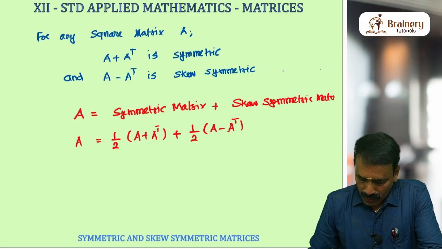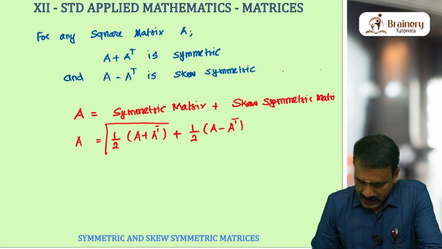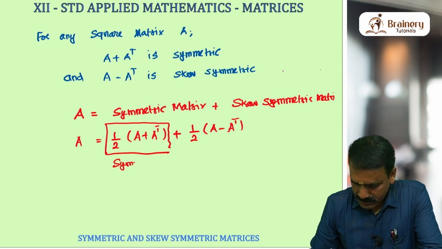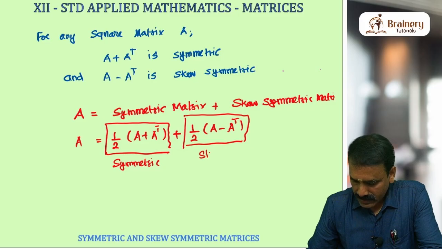Here 1 by 2 times A plus A transpose is a symmetric matrix, and 1 by 2 times A minus A transpose is always skew symmetric.